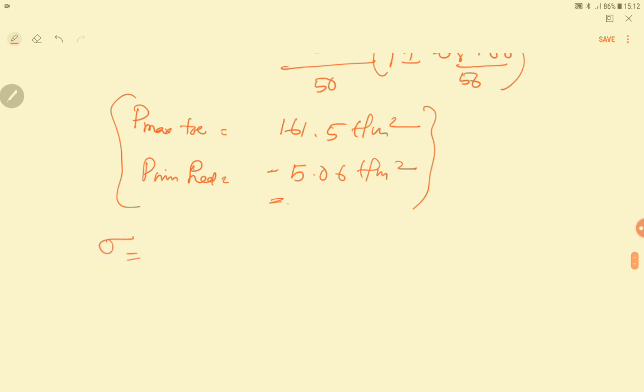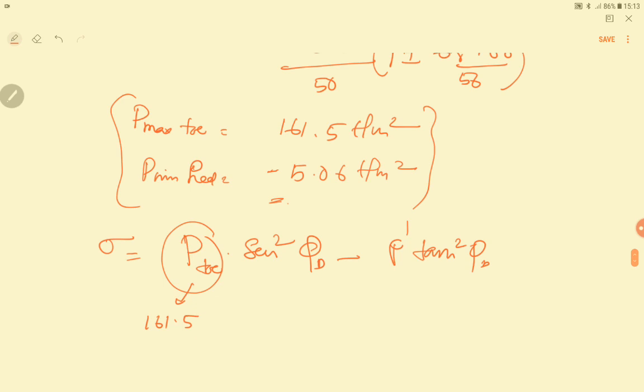Sigma is given by, just because there is tail water, the equation becomes P at toe into secant square phi D downstream minus P dash into tan square phi D. So this value will be equal to 161.5. Now what is the value of phi?